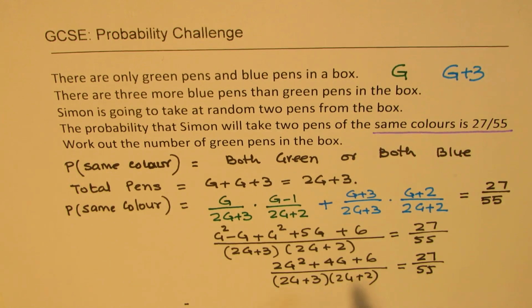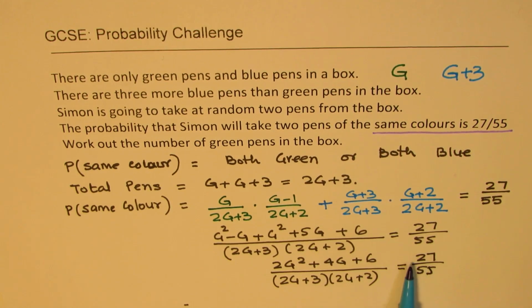Now one way to calculate the value of G, of course, is to cross multiply, and then you'll have a quadratic equation to work with and get your answer. The other way is to kind of guess and check, right? Now it's a very educated guess and check.